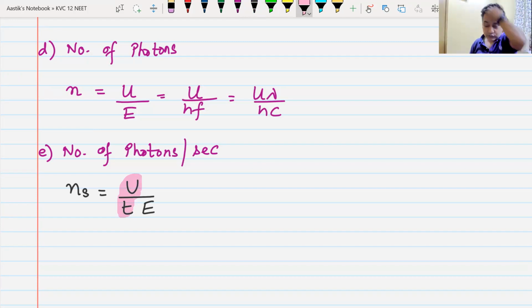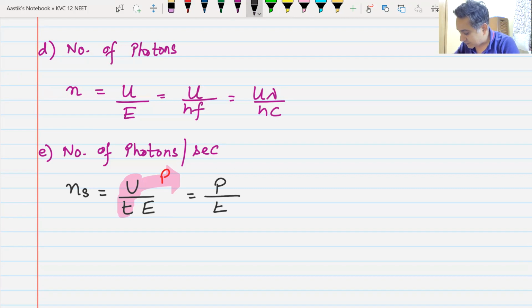Yes, sir. But this total energy divided by total time is actually your power. Do you understand this power? Total energy divided by total time. So now you can write this formula as power divided by the energy of one photon. From here, you can find out the total number of photons falling per second.